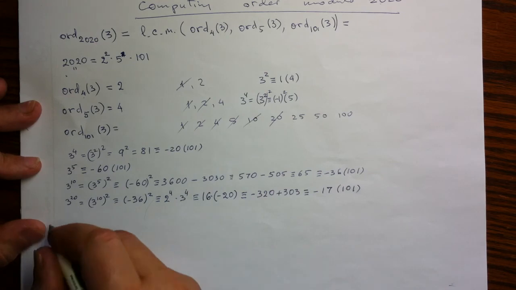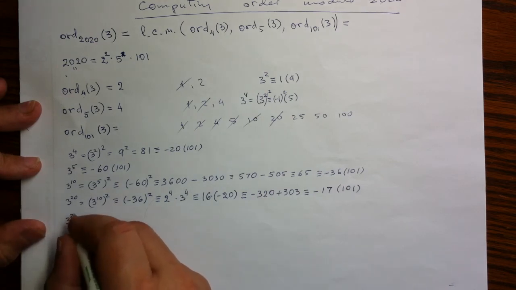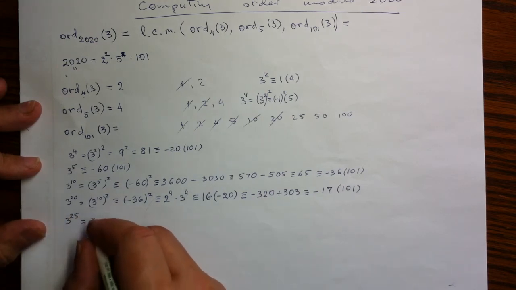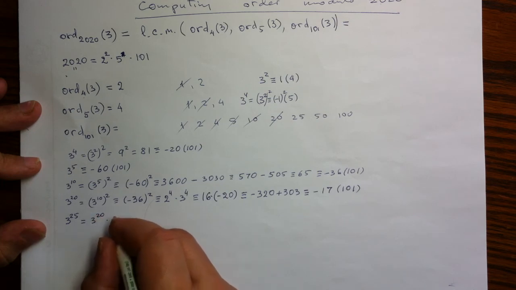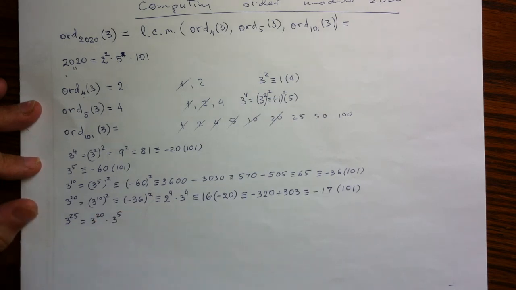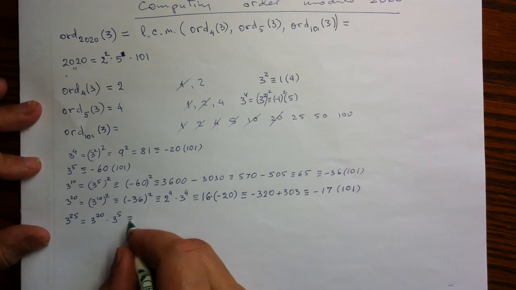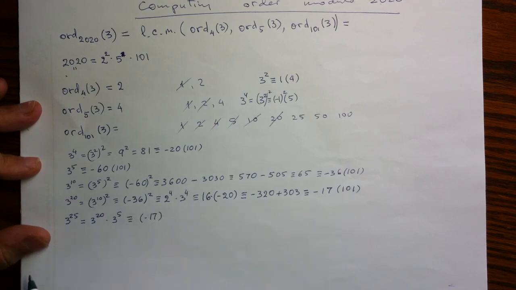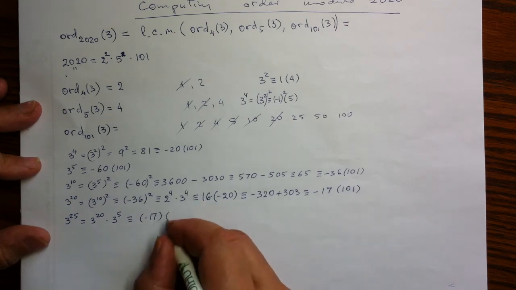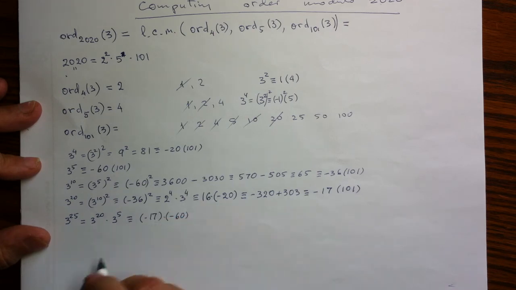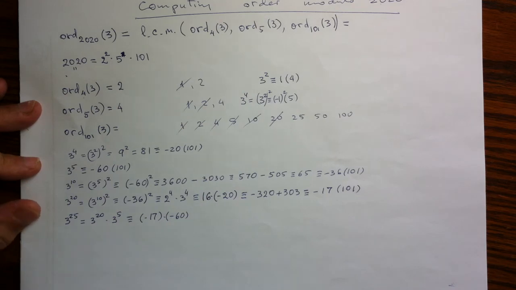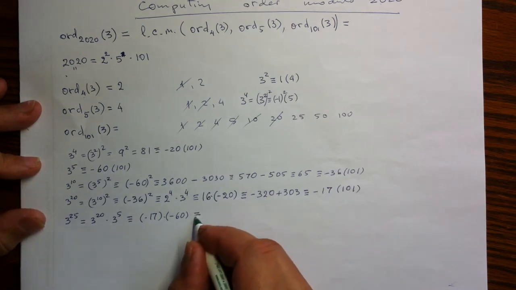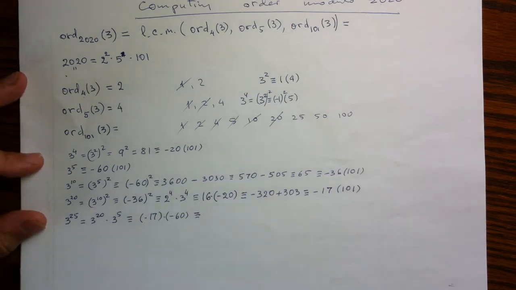So what I can do with the power 25, I can write it as a product of the 20th power and the 5th power, which I already have computed. So that will be negative 17 for the 20th power and negative 60 for the 5th power. And so I just need to multiply the two. And the result will be with plus.